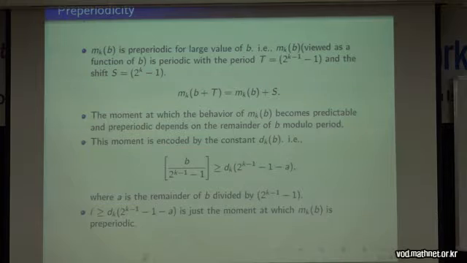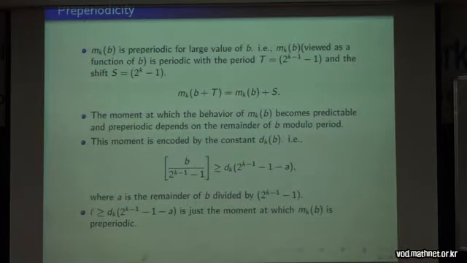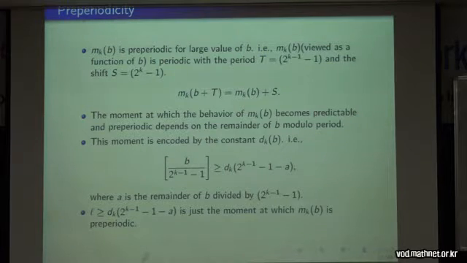In the m_k(B) case, m_k(B plus t) is m_k(B plus s) if B is large enough. In this case, the period t is 2^(k-1) minus 1, and the shift s is 2^(k-1).